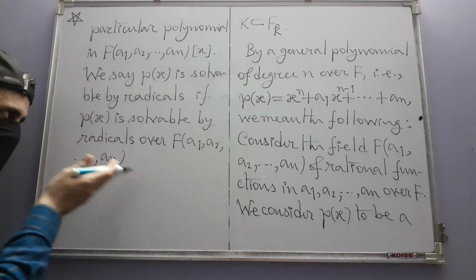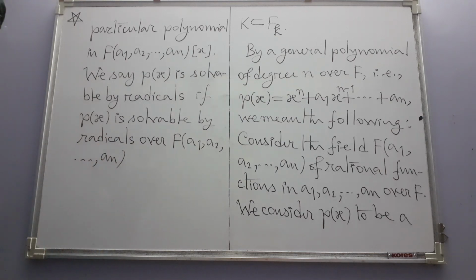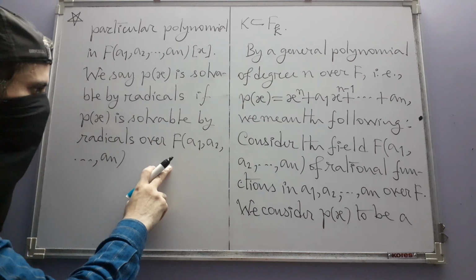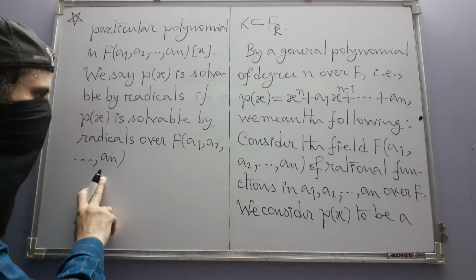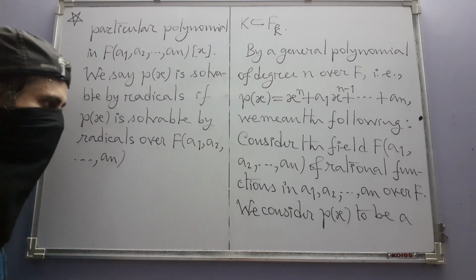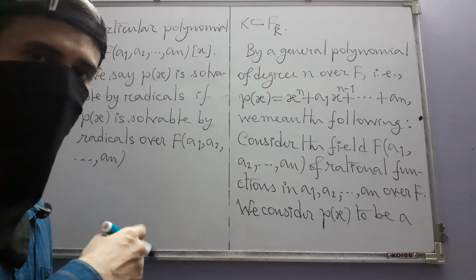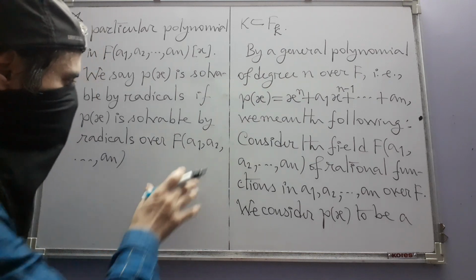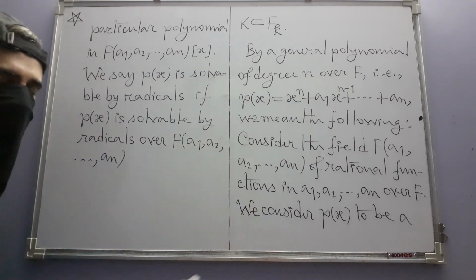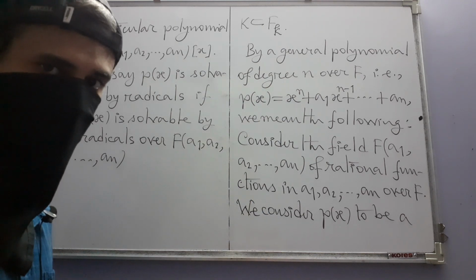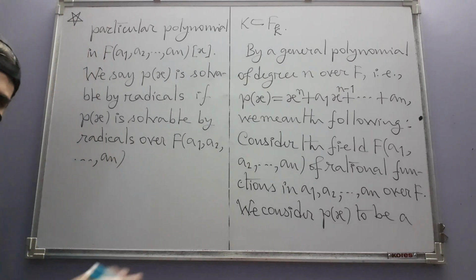And the meaning of this is already known. Solvability of this polynomial over this field means again finding a finite number of extensions of this by adjoining more and more elements successively to the extensions themselves, such that all those other conditions are true. Okay, so this is what we will mean.